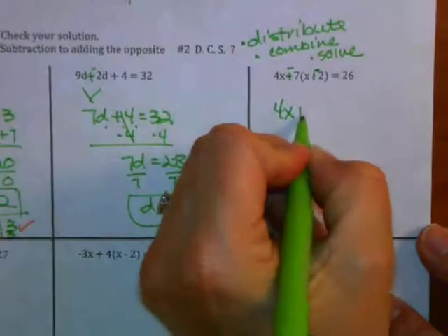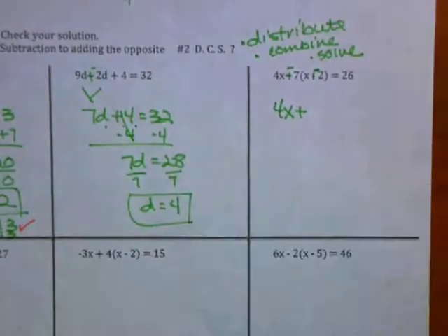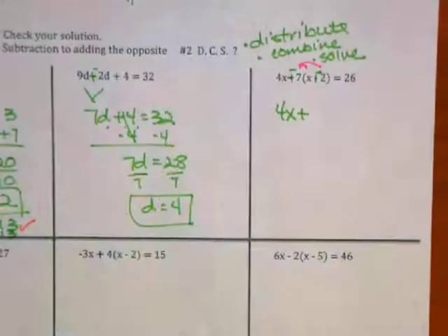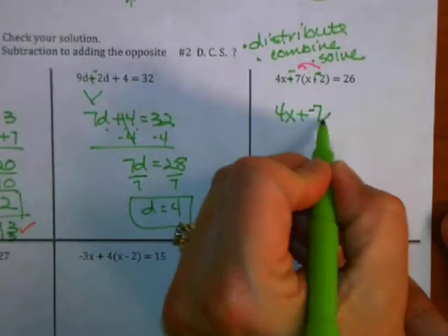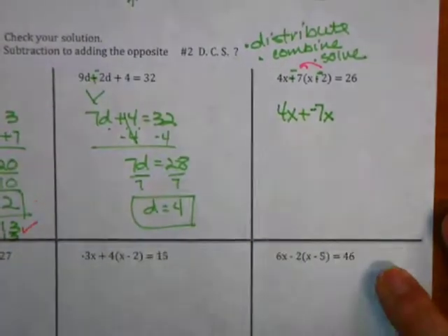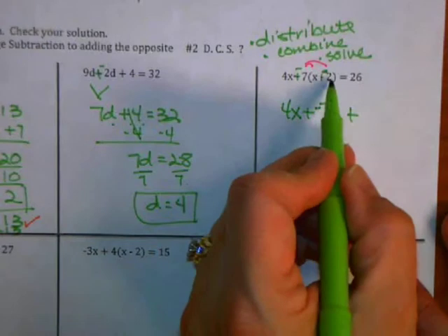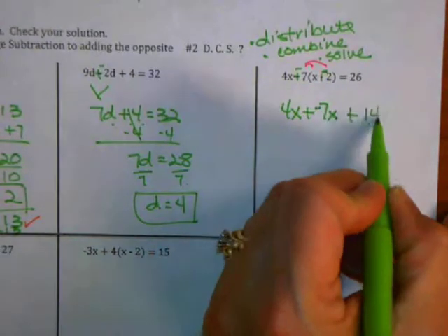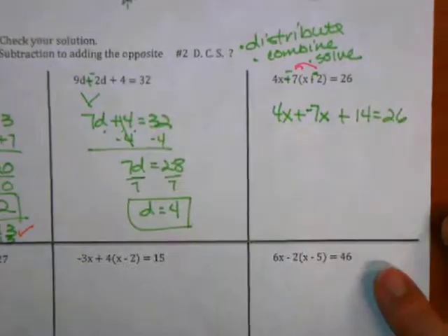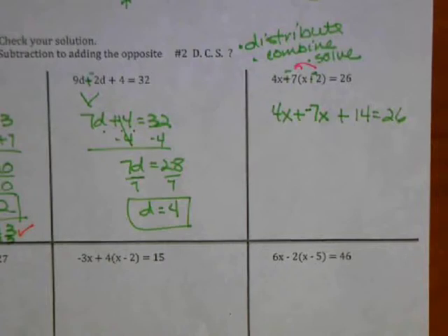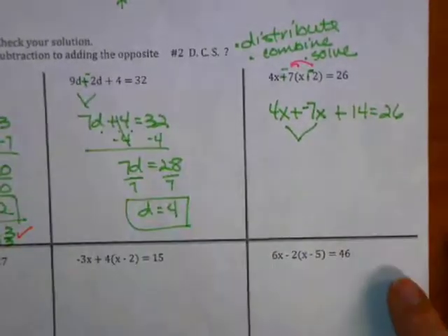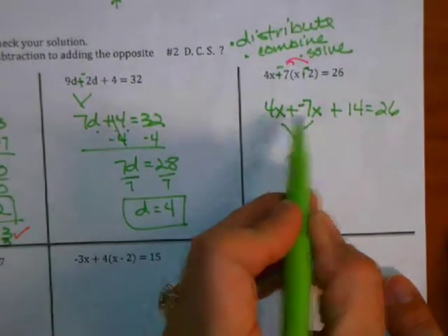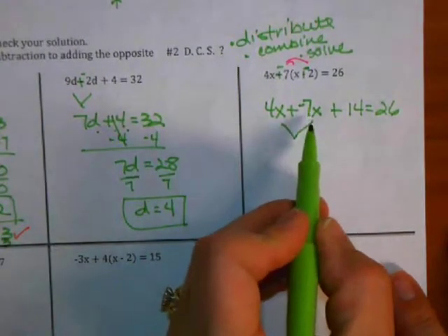Because the first thing I've got to do here is distribute that negative 7. So negative 7x would be here, plus negative 7 times negative 2 is positive 14. Distribute first. Then combine like terms. So these two are alike on the same side of the equal sign. 4 take away 7, how many x's do you have?